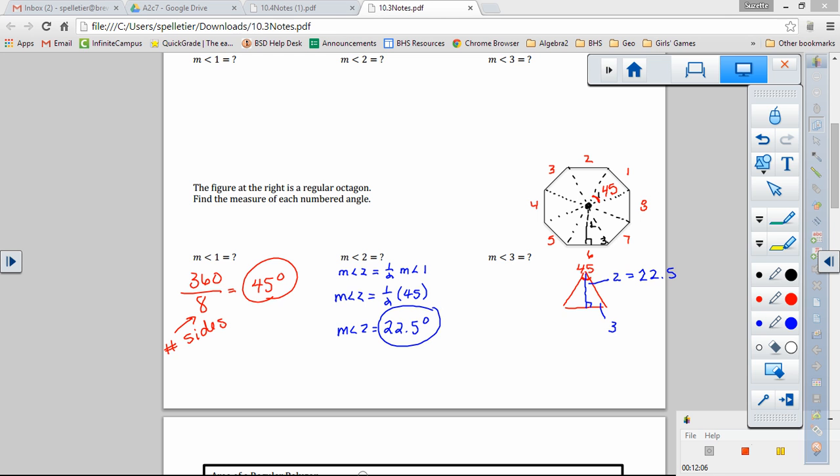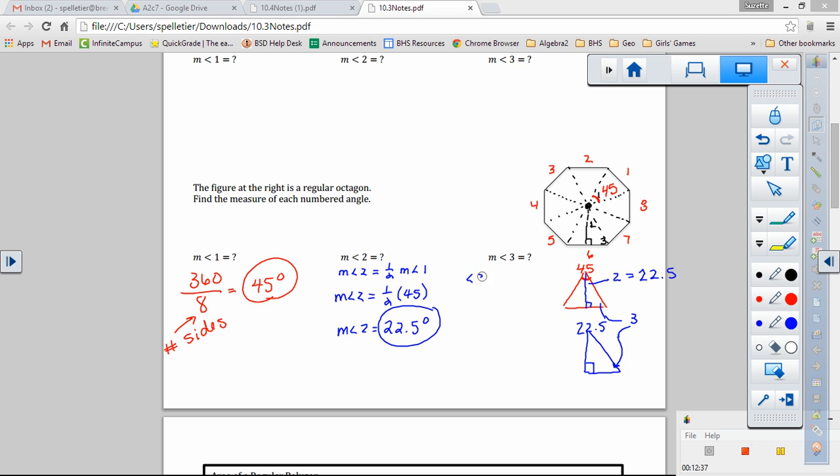Angle 3. Again, I broke down my big triangle, one of my central triangles. I dropped that down. Now I'm going to drop this one down. I just want this piece. So this is 22.5. I know that this is 90, and now I need angle 3. Let me move that over. All right, so let's find angle 3. Those 3 angles have to add up to 180.